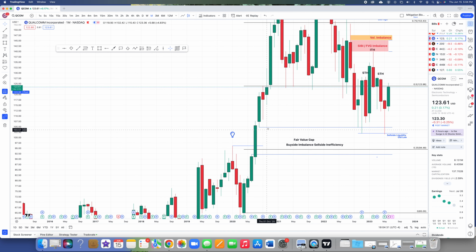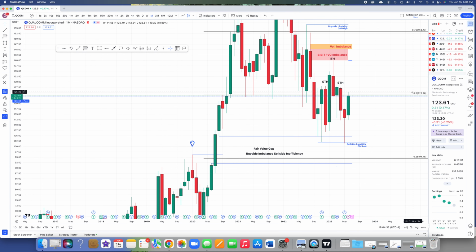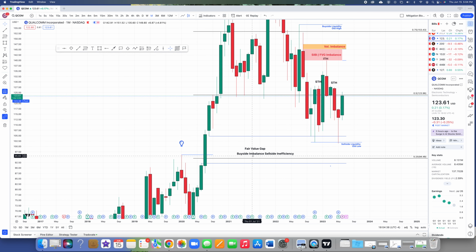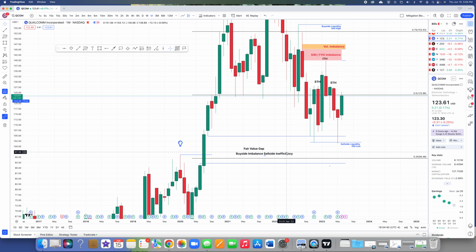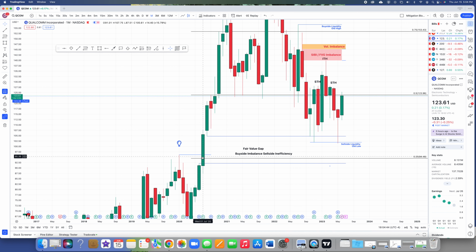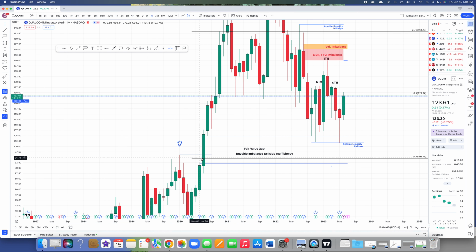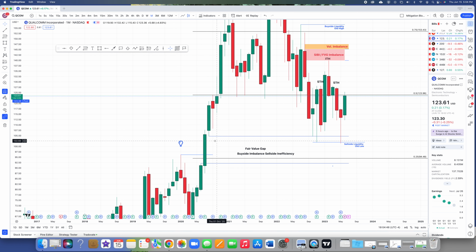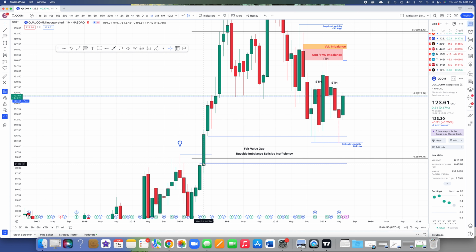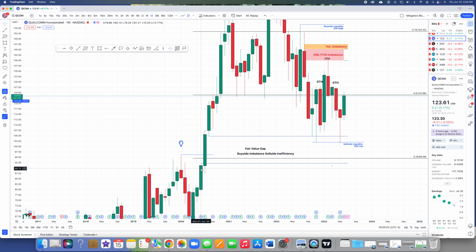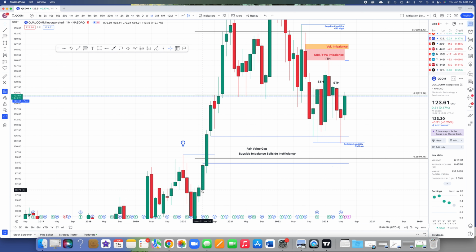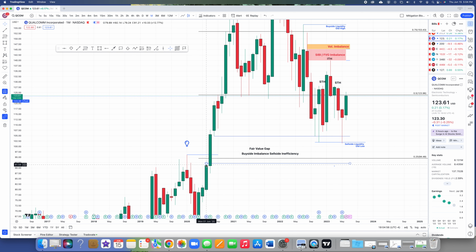So if you look right here at the premium, the discount in this area, where do you see a fair value gap or an imbalance or a buy side imbalance, sell side inefficiency? Right here, right? What does that mean? For the specific person that doesn't understand what I was referring to, what I mean by that is this candle right here opens down here, trades higher, closes up here.